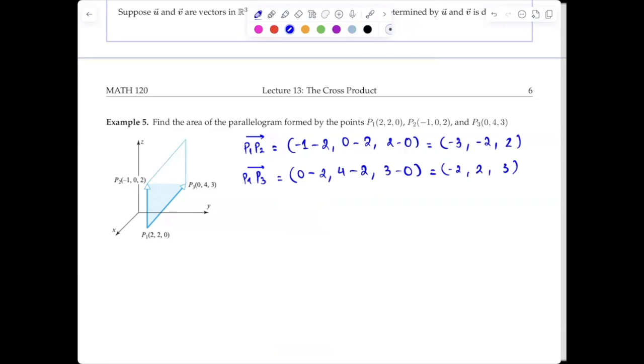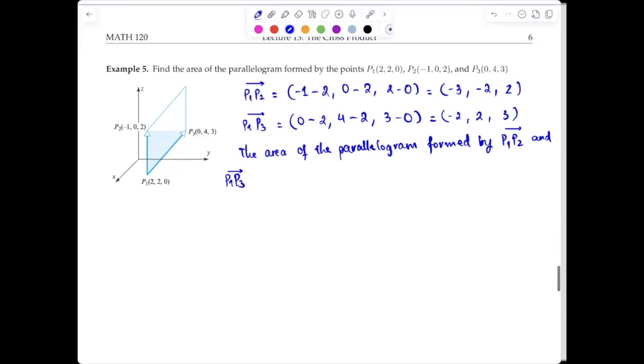And to calculate the area of the parallelogram formed by P1P2 and P1P3, the area is the magnitude of P1P2 crossed with P1P3.